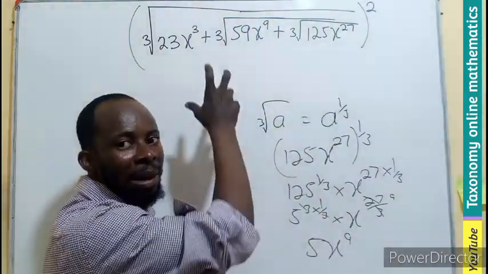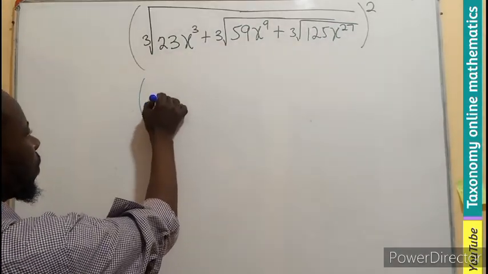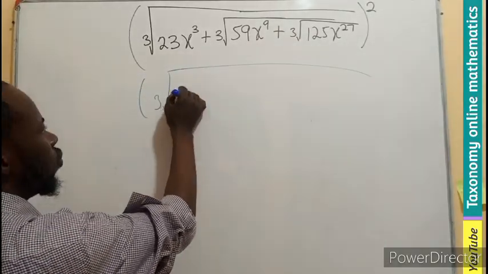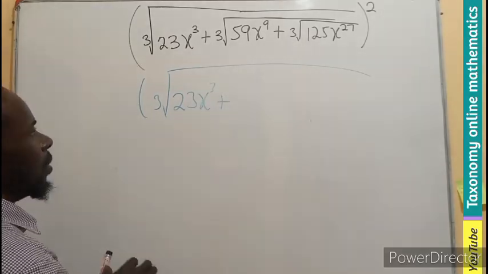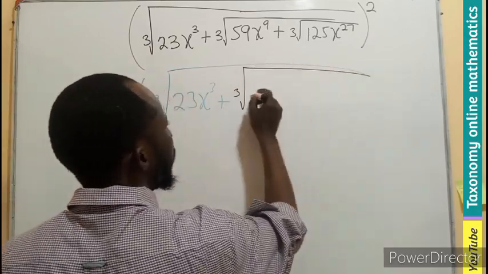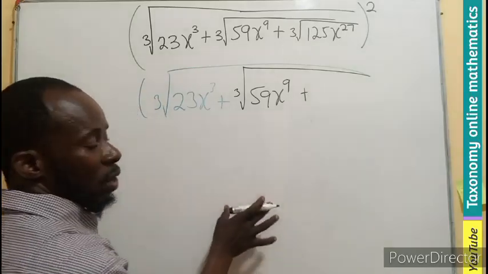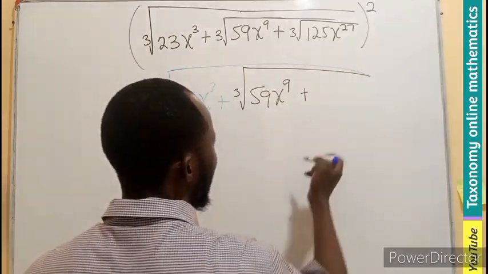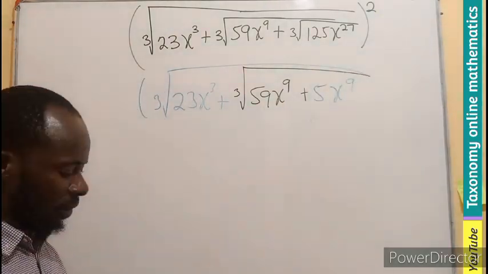So let's substitute that into it. The expression becomes the cube root of 23x exponent 3 plus the cube root of 59x exponent 9 plus what we had from that side, 5x exponent 9.